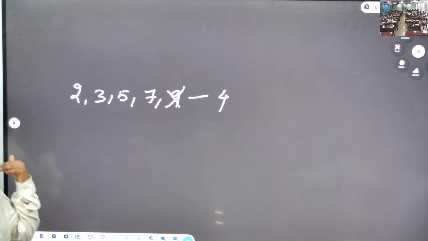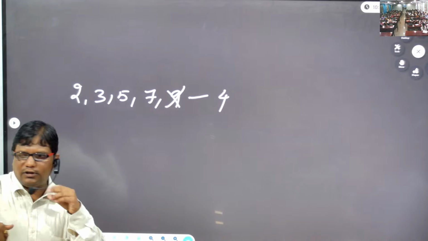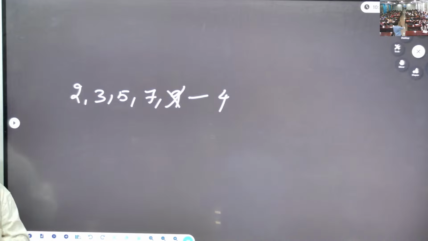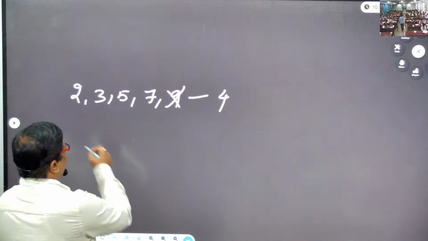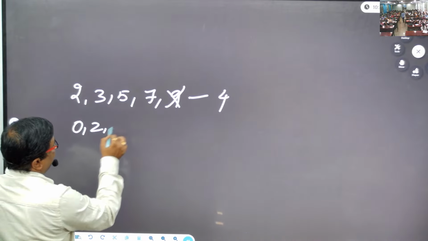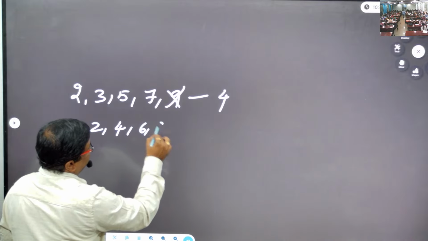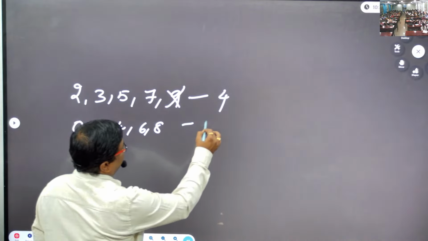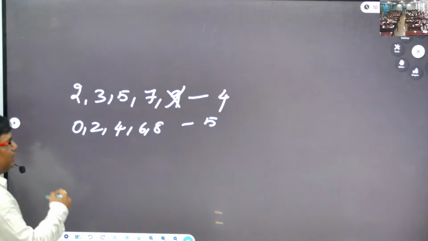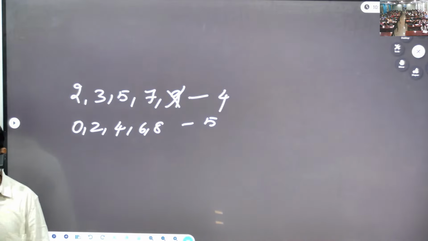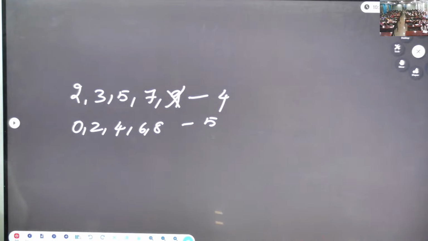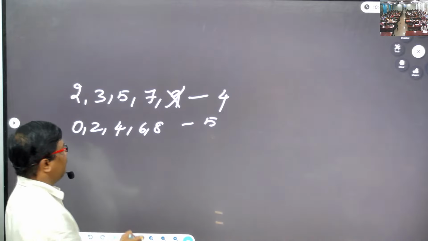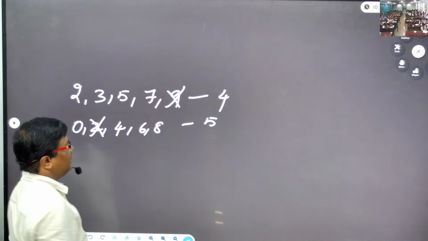Now tell me what are the even numbers less than 10? 0, 2, 4, 6 and 8. How many numbers did you get? 5 numbers. Okay. Now check for any number which is common to both cases. Shall we keep the number as is or eliminate it? We have to eliminate it in one case.